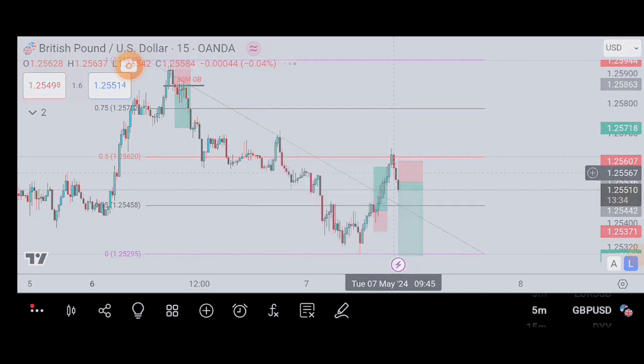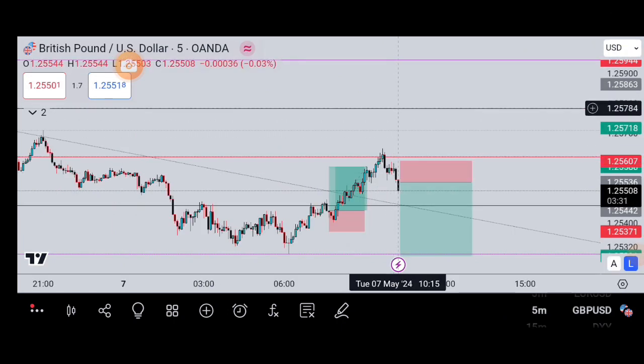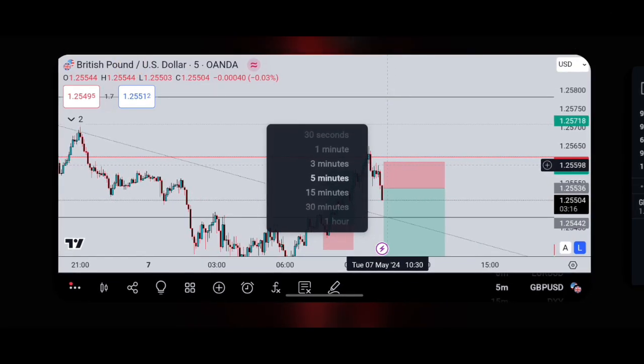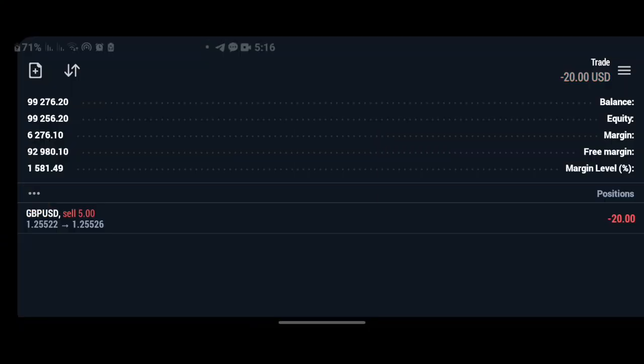It's an ideal place to place my stop loss above this fair value gap, because it has already been filled. So yeah, I think above this swing high will be an ideal place for me to place my stop. So GPP 5 minutes.